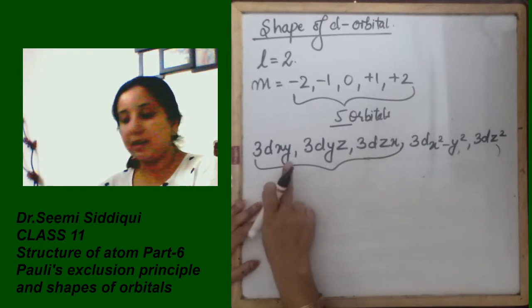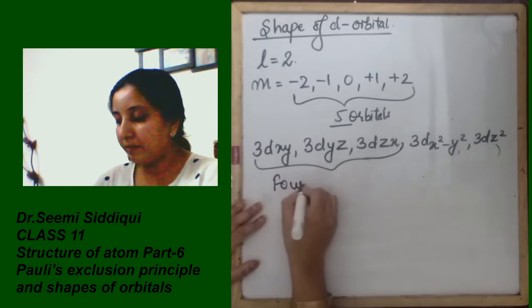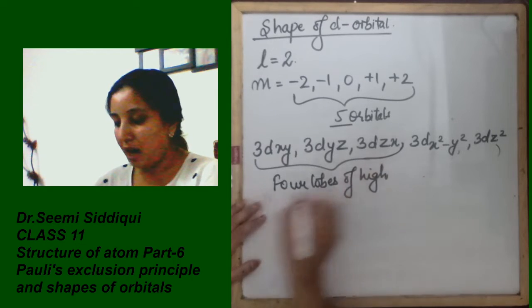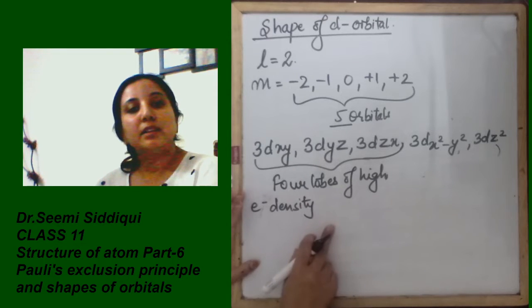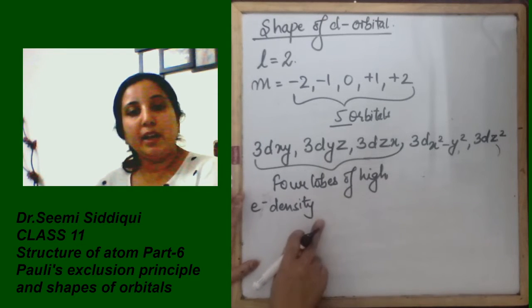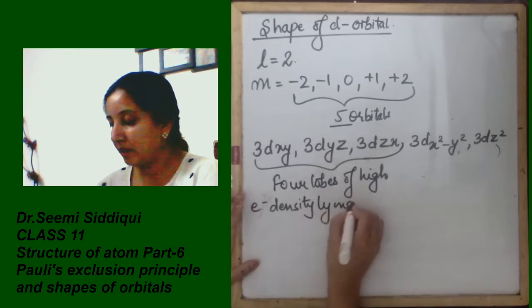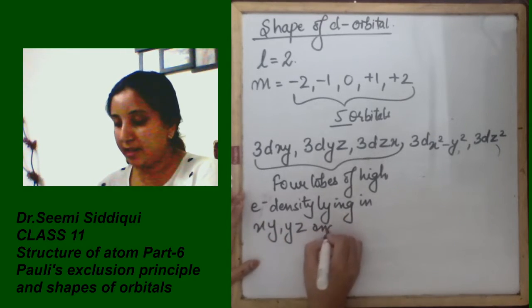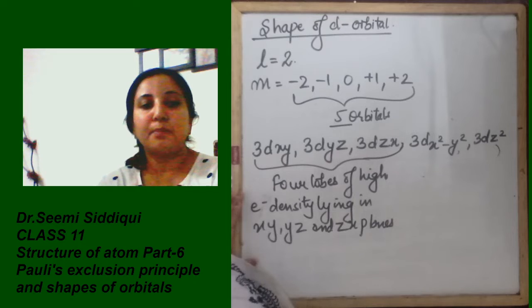Now if we look only at these three, that is 3dxy, 3dyz and 3dzx, each consists of 4 lobes of high electron density, and all 4 lobes are going to lie in the xy, yz and zx planes.